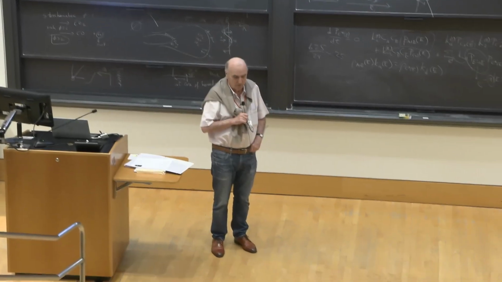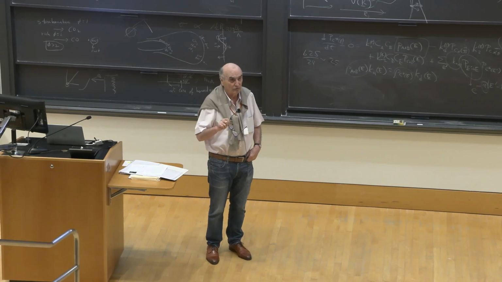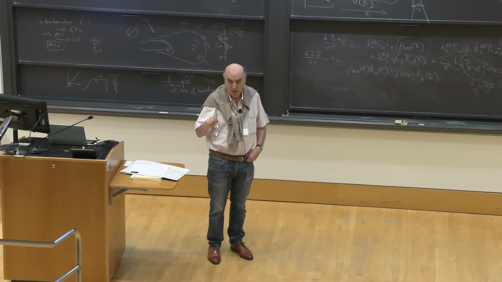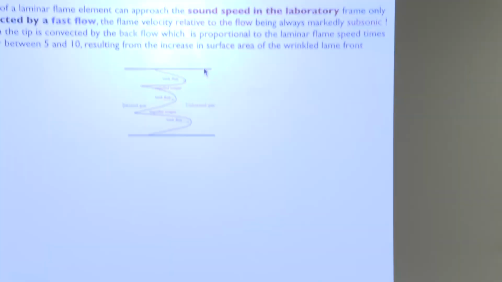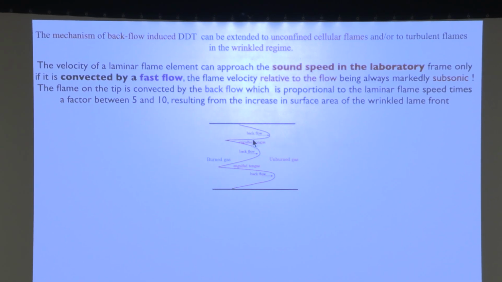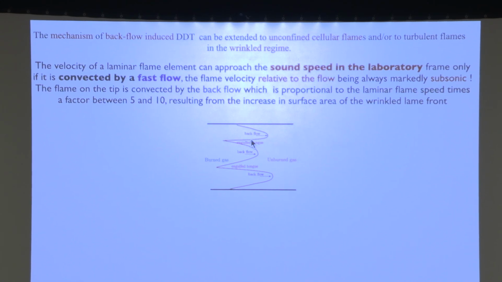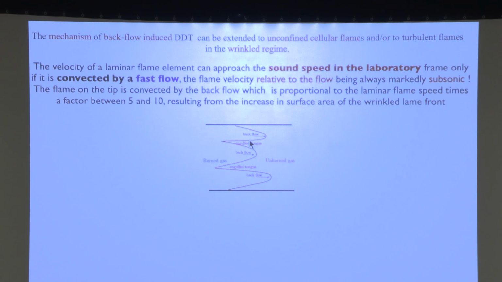This is called the turbulent wrinkled flame regime. What is a turbulent wrinkled flame regime? Once again, it is when locally, at any time, at any point on the front, the inner structure of the flame is still similar to the structure of the planar flame, except that it is curved, but it is still laminar.